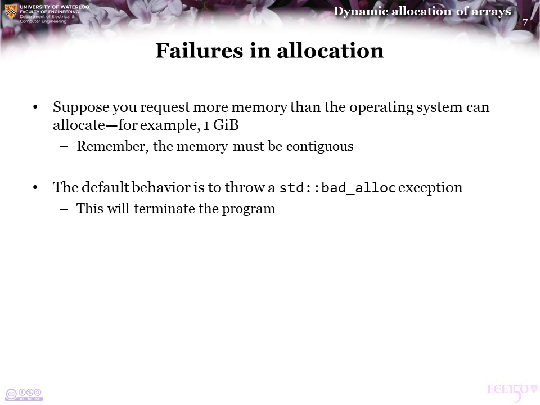The default behavior is to throw an instance of an exception, and this is actually going to, by default, terminate the program. We'll see how to deal with exceptions later. However, right now the default is that a program's execution would be terminated and all previously allocated memory would be immediately given back to the operating system.